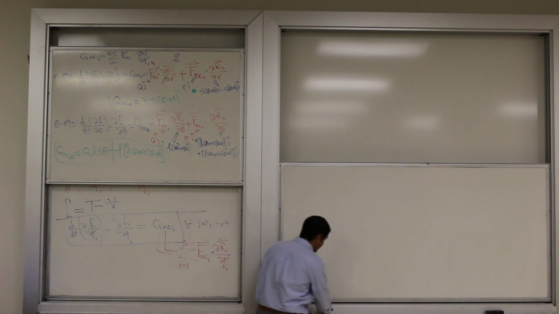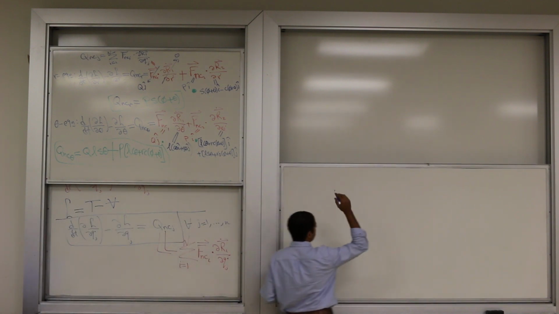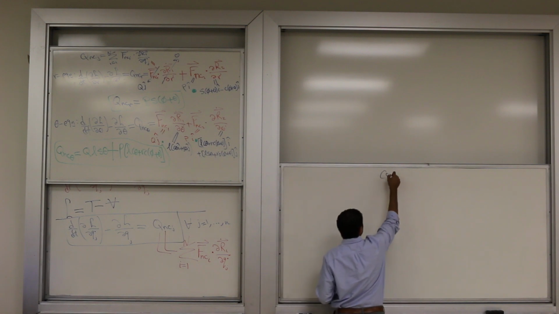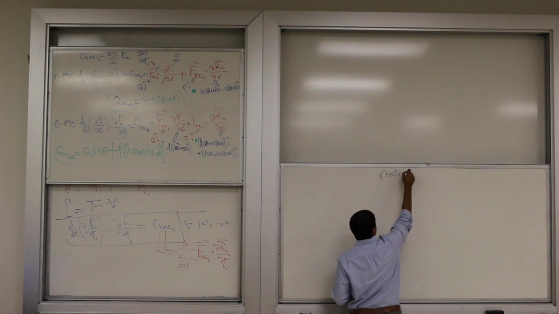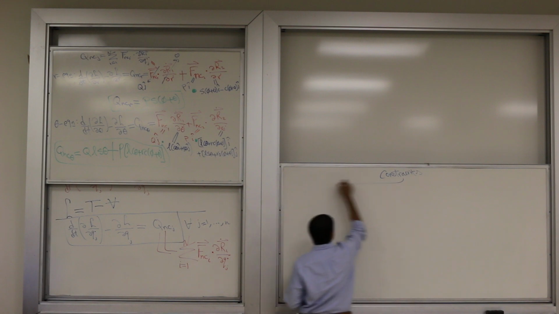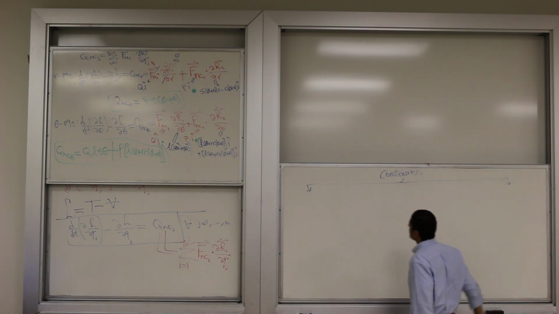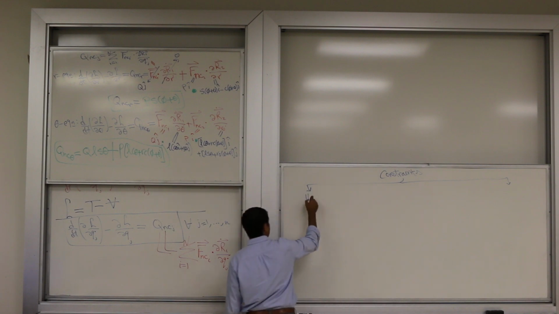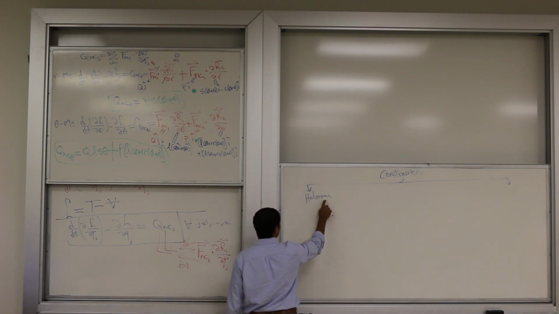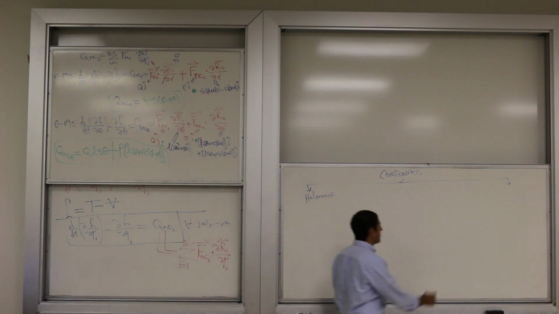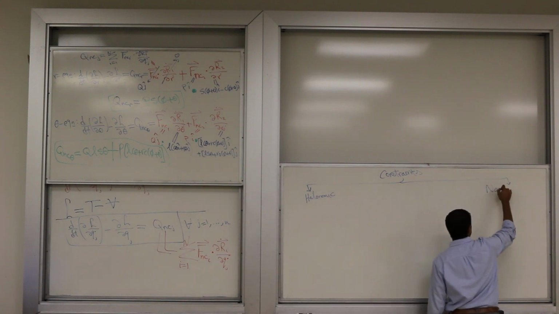Okay, constraints. Like classification, right? Holonomic constraints and non-holonomic constraints.